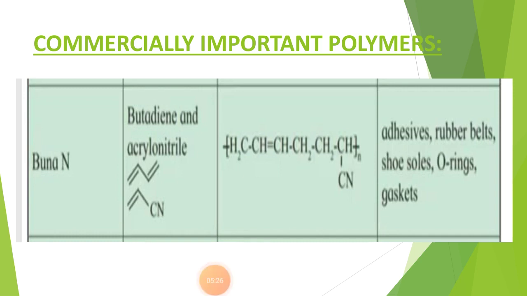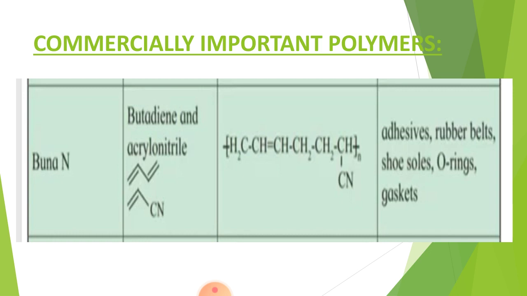The next polymer is Buna N. Here, for the preparation of the polymer Buna N, we require the monomer butadiene. Butadiene means buta, 4 carbons, and di means 2 double bonds.